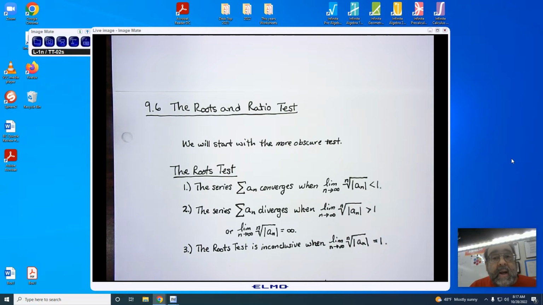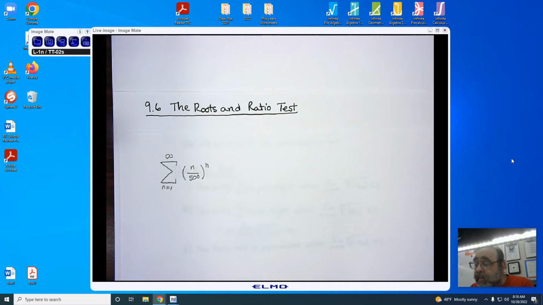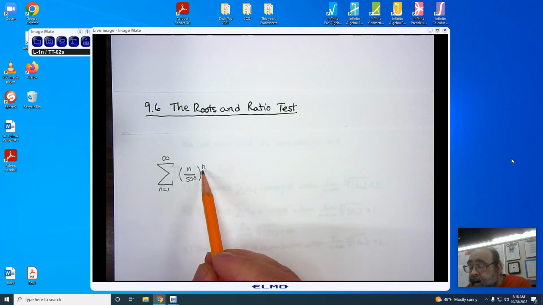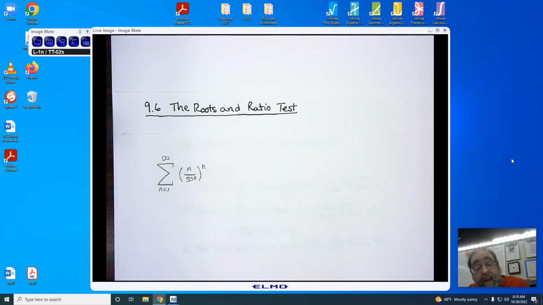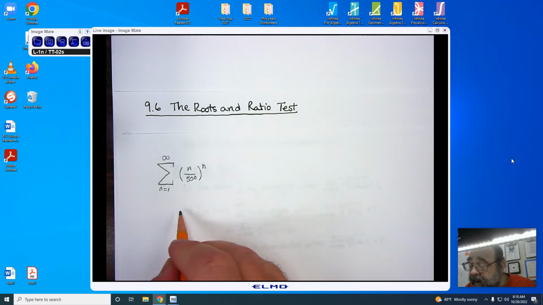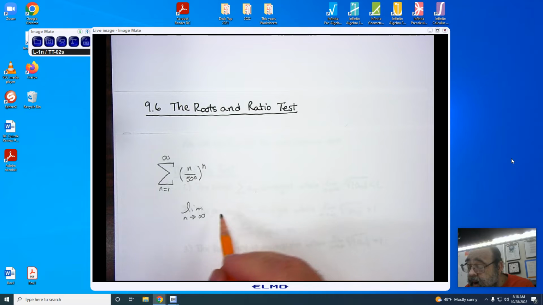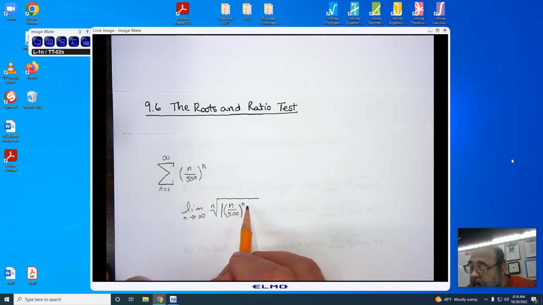So I've taken the liberty of writing a couple of problems down that I'd like you to look at. You'll notice that this one right here has that power, and that power is the problem that we have to deal with. So what we're going to do is take the limit as n approaches infinity of the nth root of the absolute value of (n over 500) to the nth power.